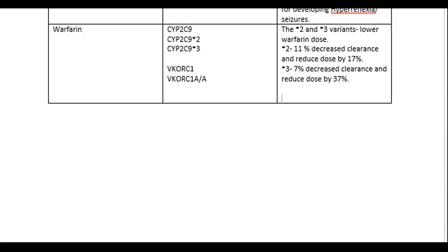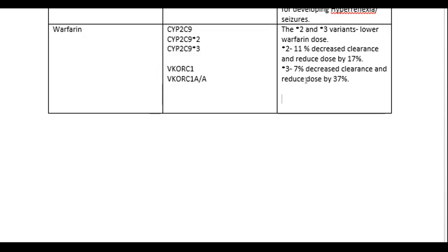So in the star 3 variants, there is only a 7% decrease in the clearance, but even though there is only a 7% decrease, we need to reduce the dose by 37%, because in the studies most of the ADRs have been seen with the star 3 variants when compared to star 2 variants.